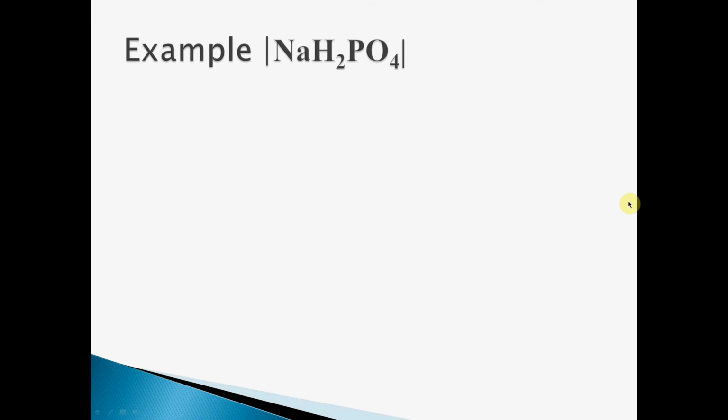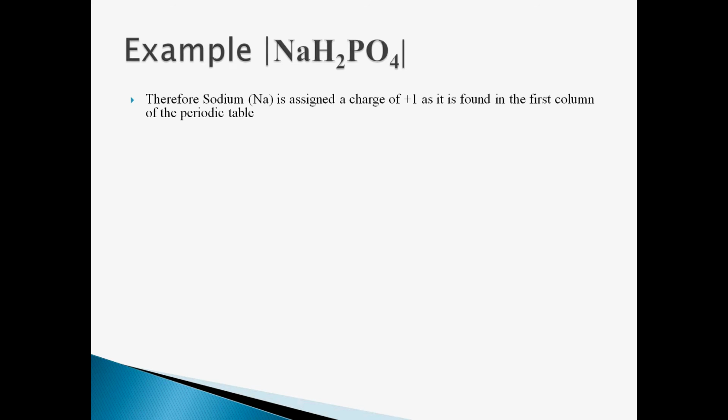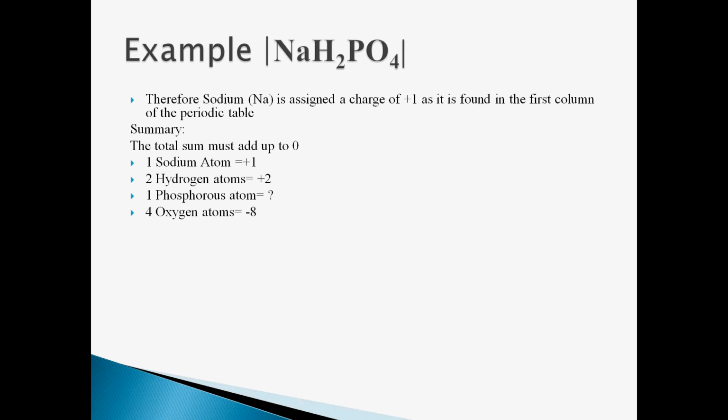Continuing this example of sodium, therefore sodium is assigned a charge of +1 as it is found in the first column of the periodic table. To summarize, the total sum must add up to 0. Now, we only have one unknown.